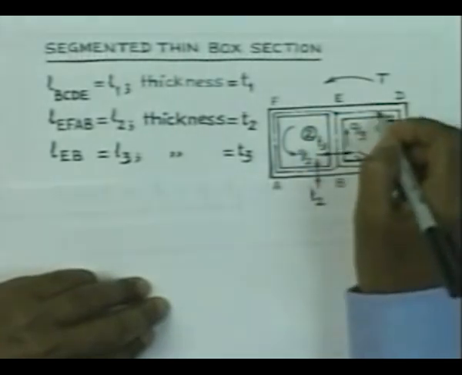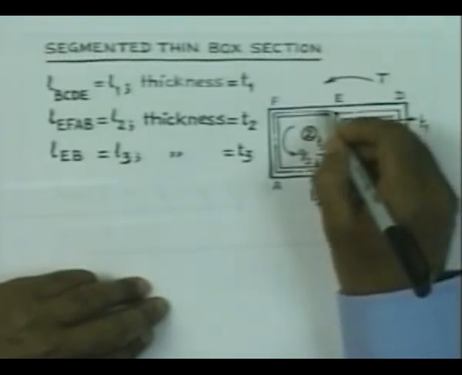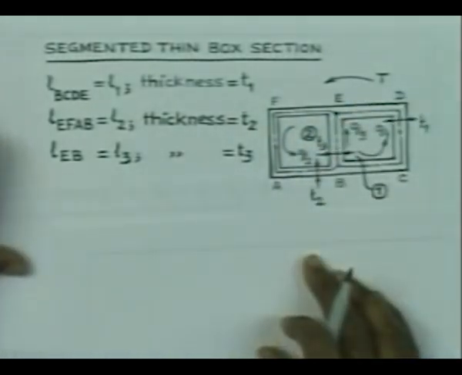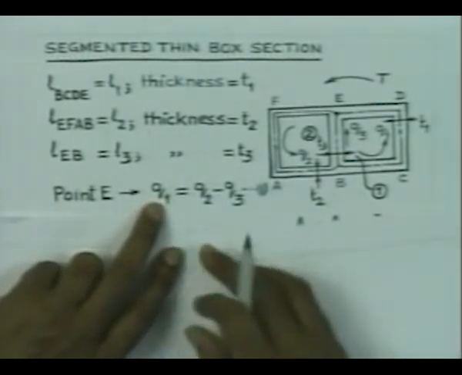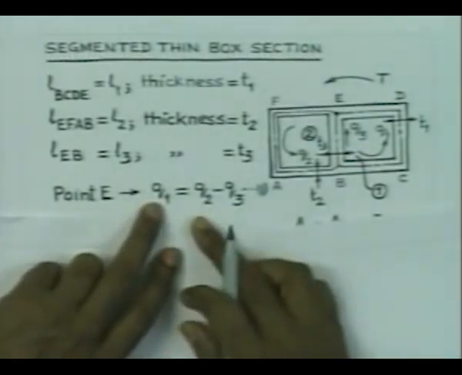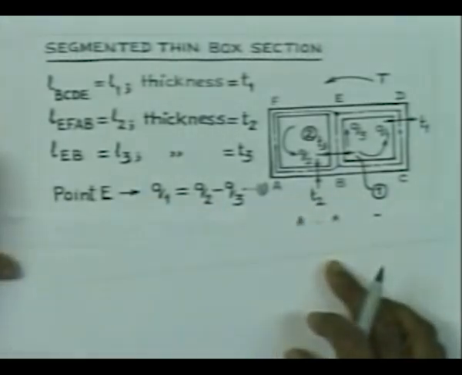So, we have two flows Q1 and Q3 coming towards this point. So, Q1 plus Q3 is the incoming flow and outgoing flow is Q2. So, from the flow analogy we get Q1 plus Q3 is equal to Q2, or Q1 is equal to Q2 minus Q3, that is equation number 1.